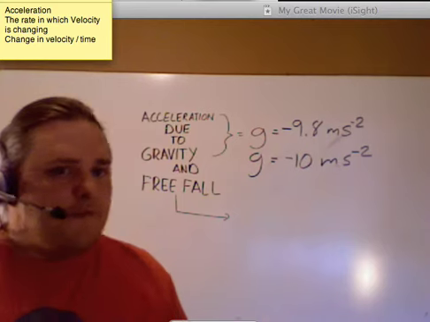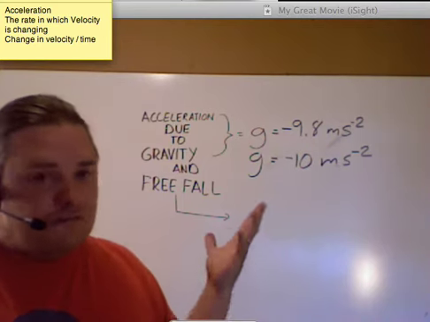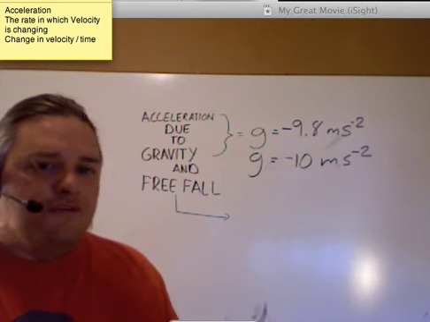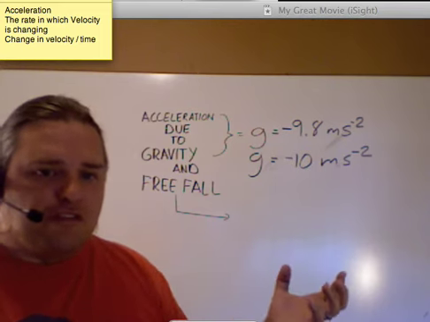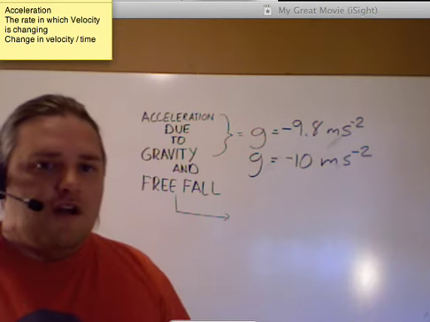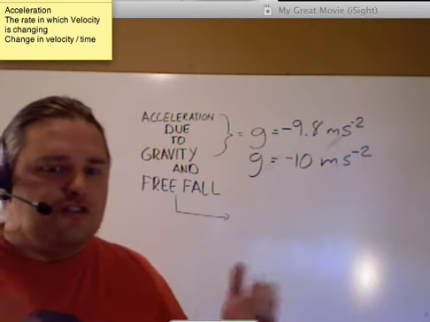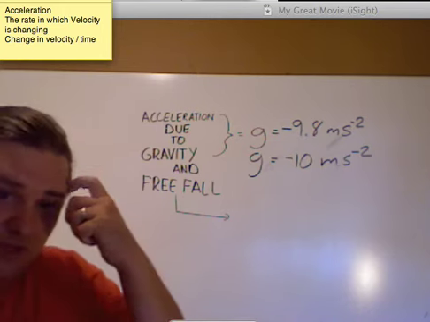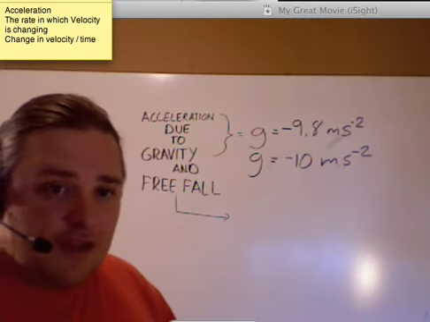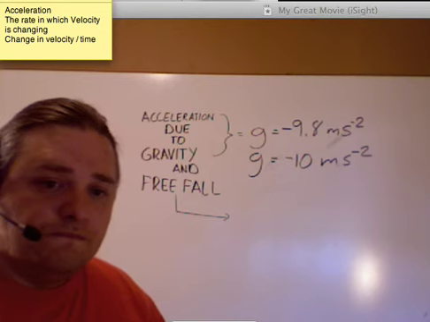Okay, that's free fall. That's why it's basically the acceleration due to gravity. Free fall is referring to the absence of forces, absence of supports, if you will. The acceleration due to gravity is just g, the 9.8 meters per second squared. Okay, cool. That is acceleration due to gravity.